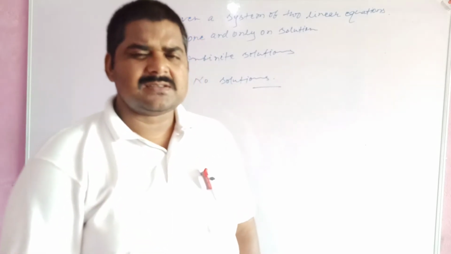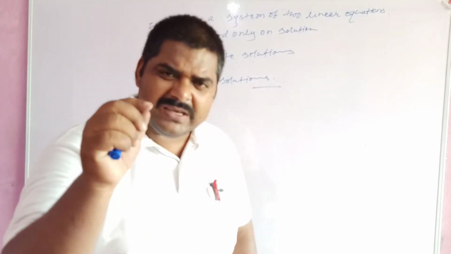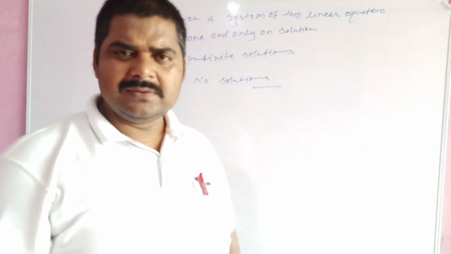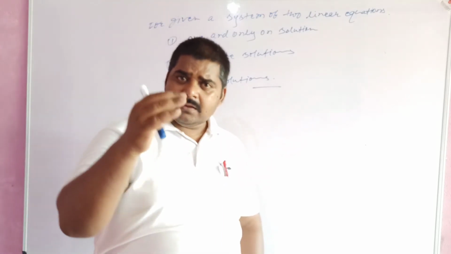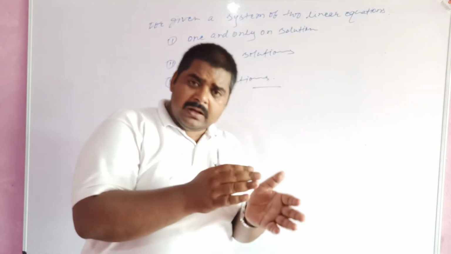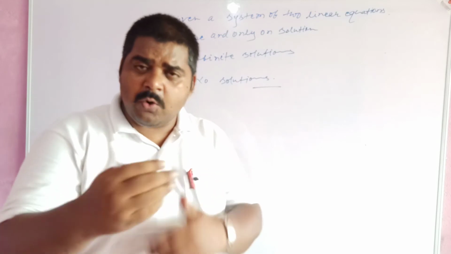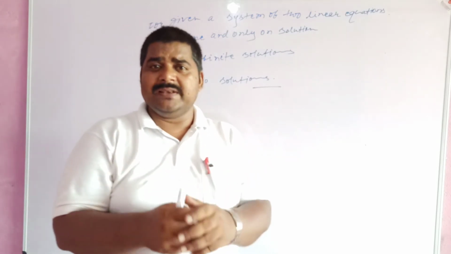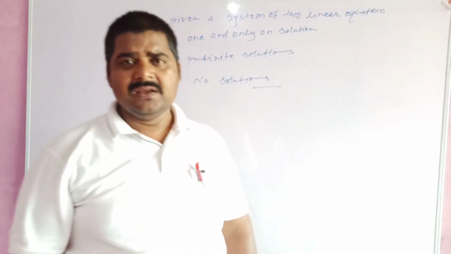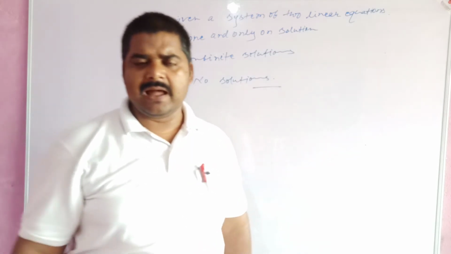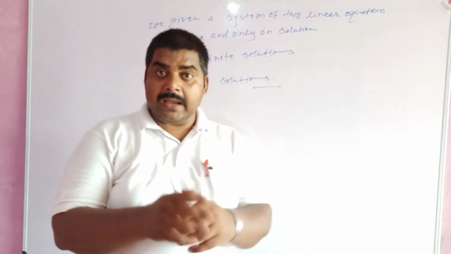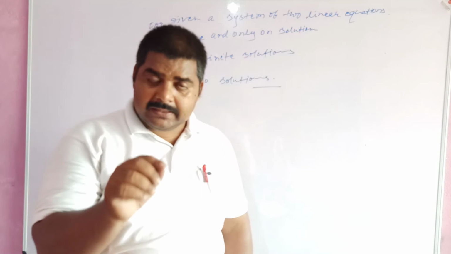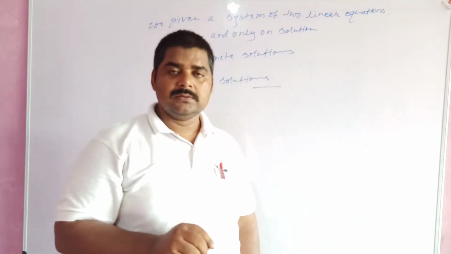Then what does it mean? At least one means minimum one. You may give more than one, it is your wish. 2, 3, 4, 5, 10, 20, 100,000 and more. It depends. But you can't give less than one.